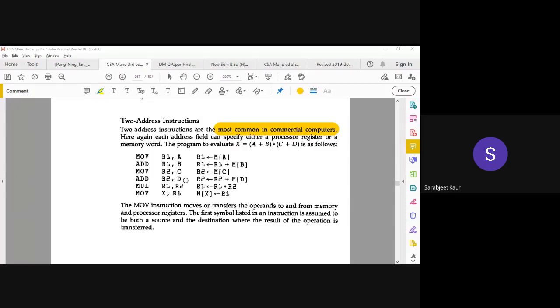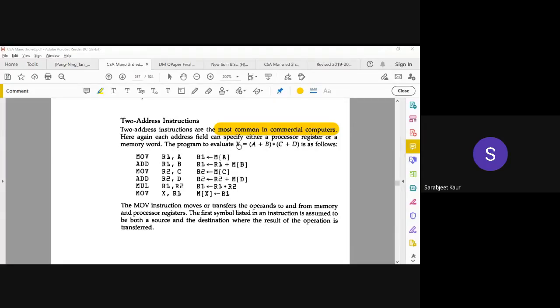So when I say two address instructions, means my instruction can handle two addresses. One may be of a register, one may be of a memory, or both may be from memory addresses, or both may be register addresses, right? And this is generally the type of format which is typically used in most of the commercial computers.